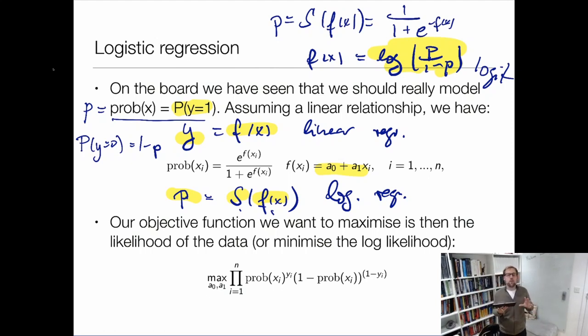So if I want to write down the likelihood, I only have to multiply all the factors. I have to multiply P if it's a label 1, and 1 minus P if it's a label 0.